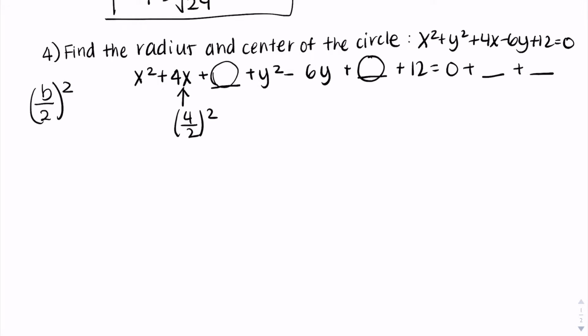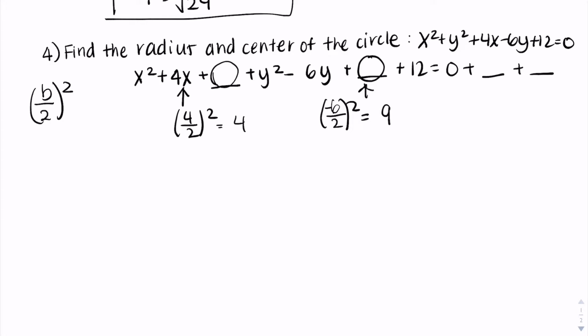So when you do b over 2, you get 4 divided by 2 squared goes to 4. And then for this value, you would do -6 or 6 over 2 squared, because after you square it, it will still be positive. So it will be 9.